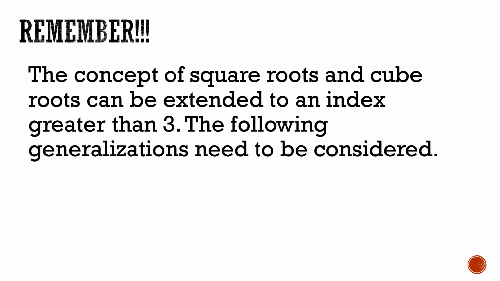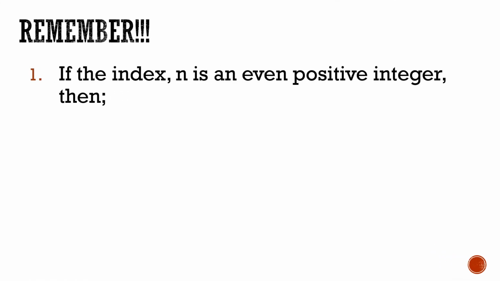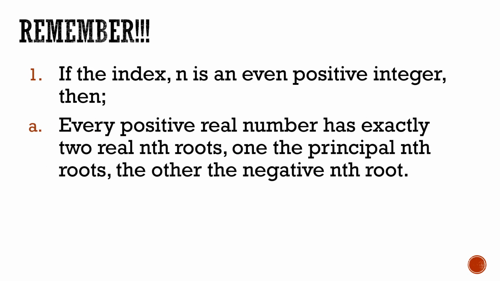Remember, the concept of square root and cube roots can be extended to an index greater than 3. The following generalizations need to be considered. Number 1. If the index n is an even positive integer, now remember, even numbers are numbers which are divisible by 2, then every positive real number has exactly two real nth roots.